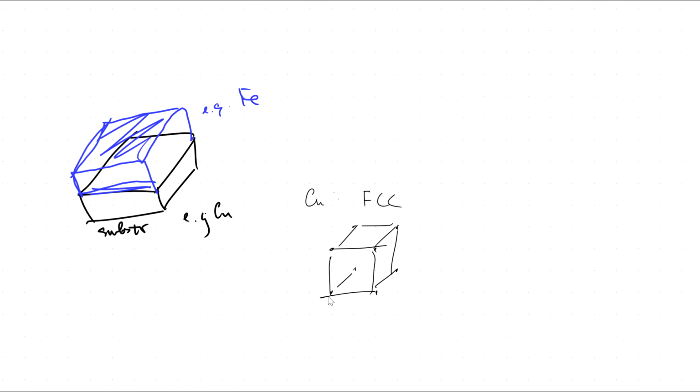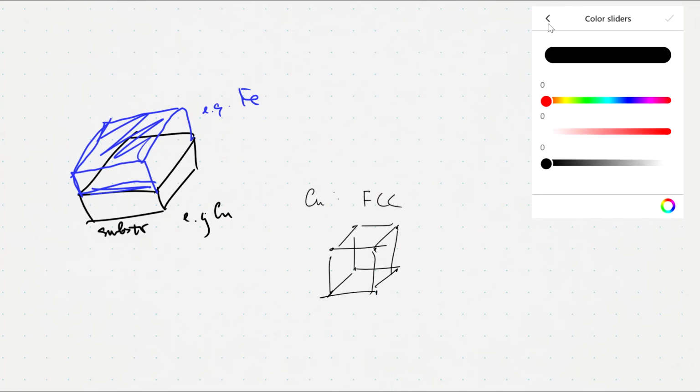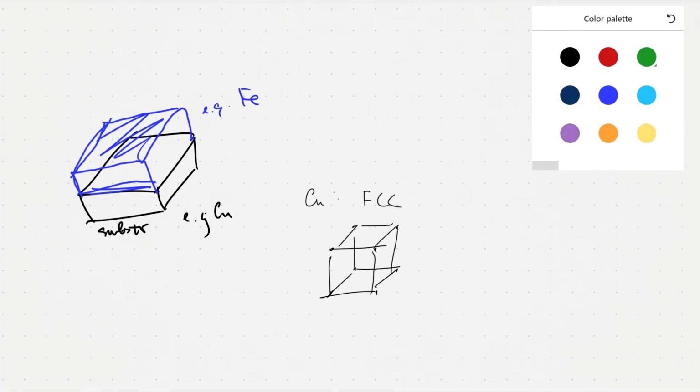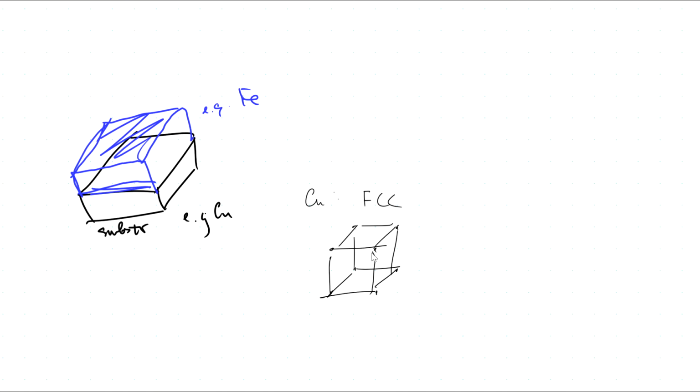This is cubic. Now what you do, you also place, let me use green, atoms in the center of the faces. So for example, this is a top face, and you put atom in the center of each face. So there are atoms on each face. This is on the left face, that would be on the back face, here on the front, and on the bottom face. So face-centered cubic.